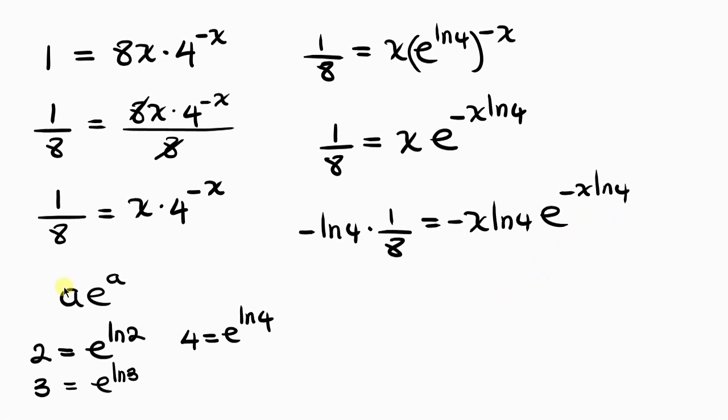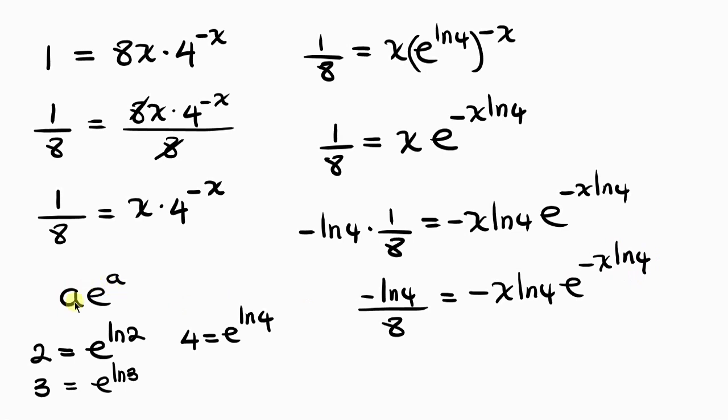So now we have achieved this, whereby what we have here and the exponents are the same. Well, this expression is the same as writing negative ln 4 times 1 is negative ln 4 all over 8. And this is equal to negative x times ln 4 times e to the negative x times ln 4.